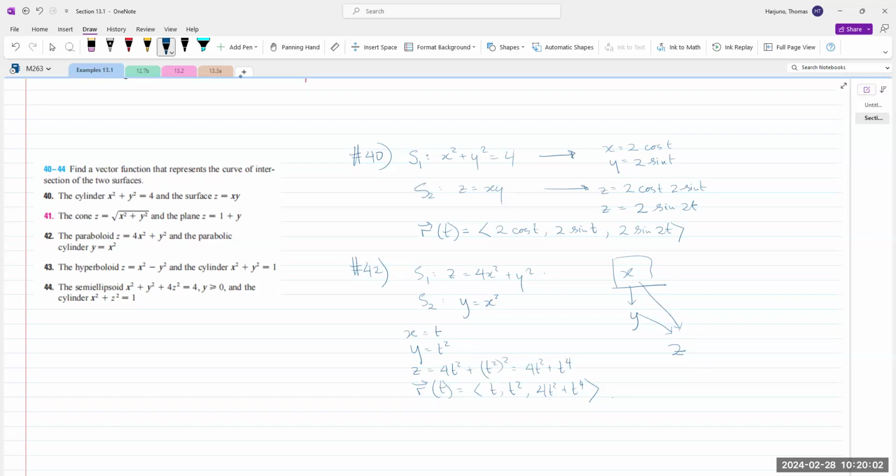Okay, let's try to sketch this. Basically, it looks like a parabolic shape, so looks like this, maybe. That's for S1. Okay, and our S2, y equals x squared, looks like this on the ground.